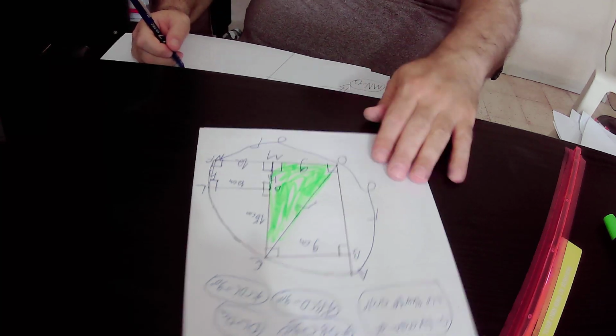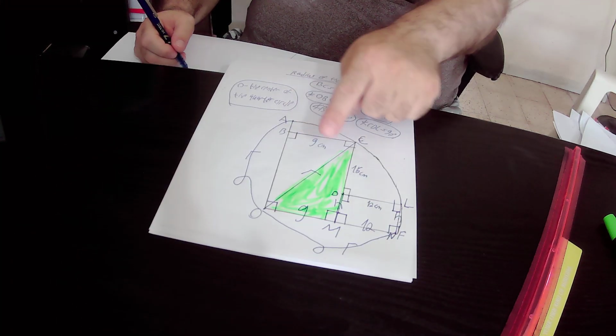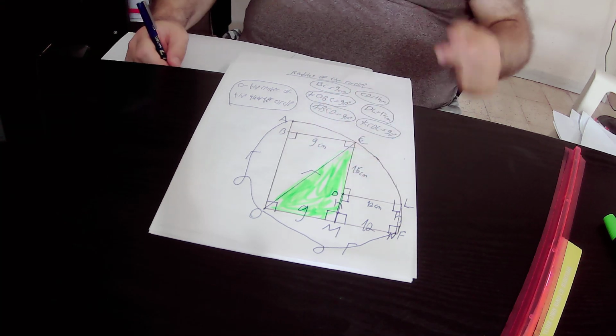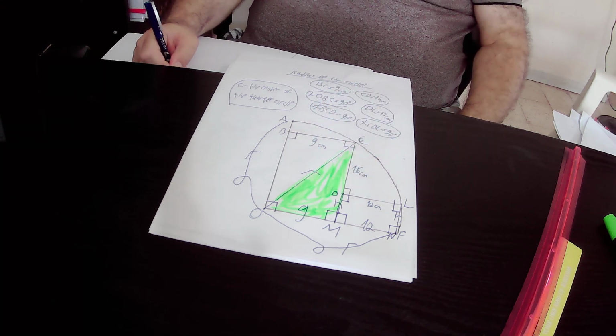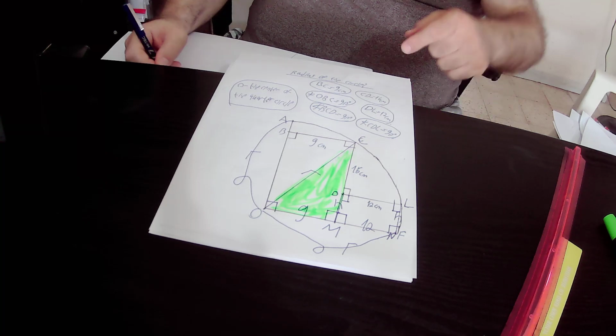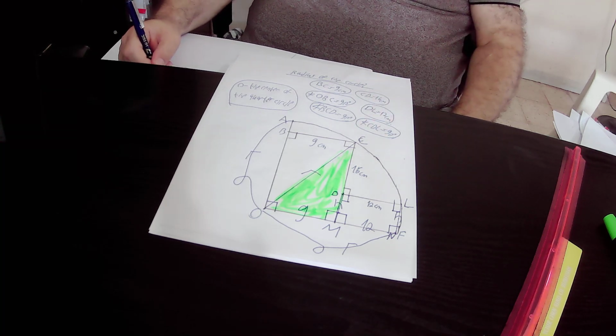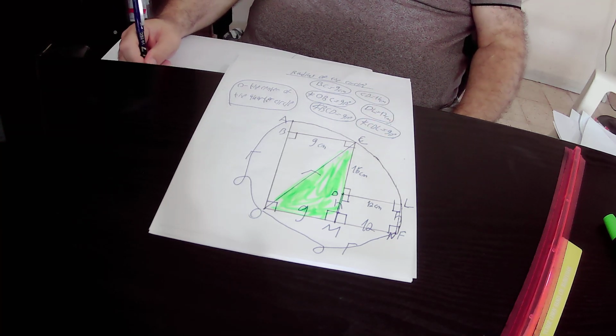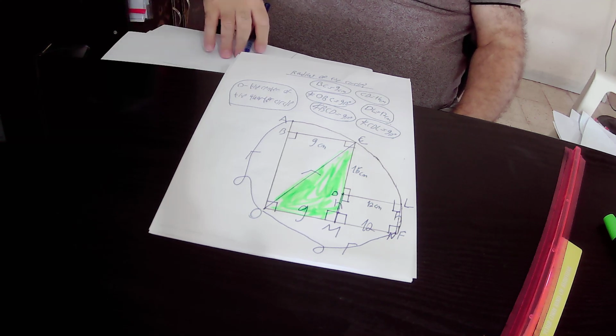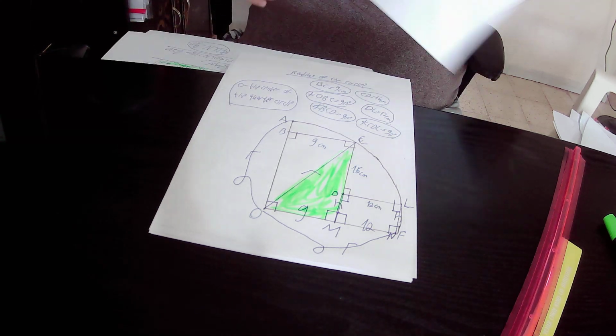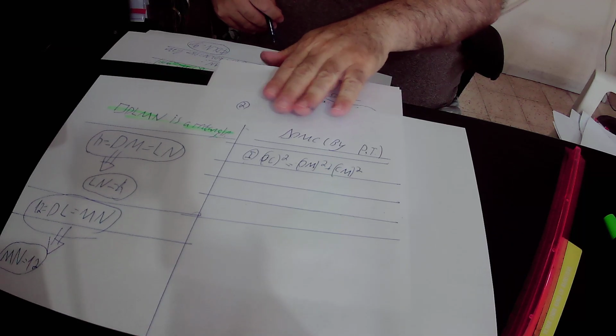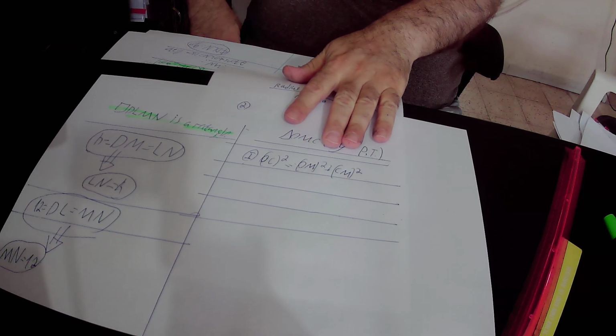And it must be equal to the sum of the squares of the perpendiculars, that is to say it must be equal to OM square plus CM square. Repeat again, for the Pythagoras theorem on the right triangle OMC, OC square must be equal to OM square plus CM square.